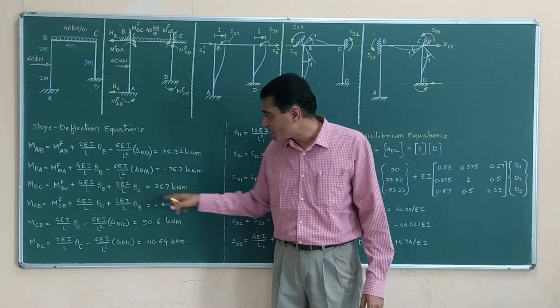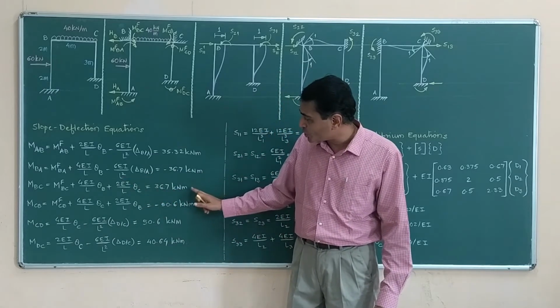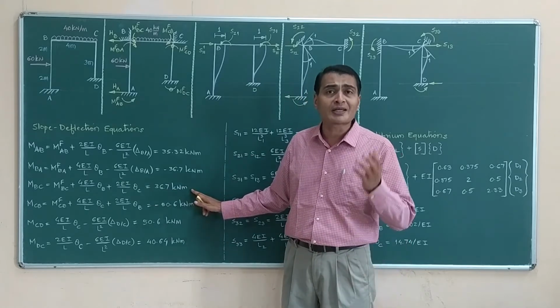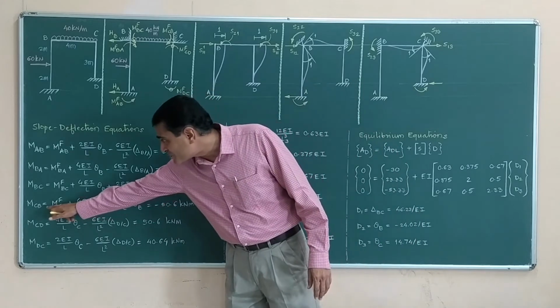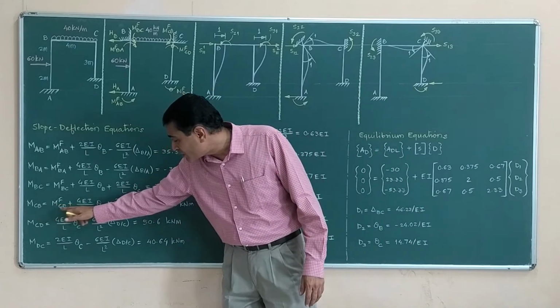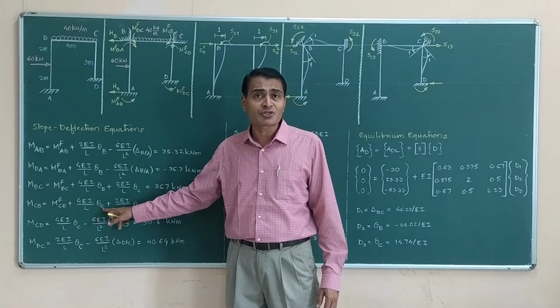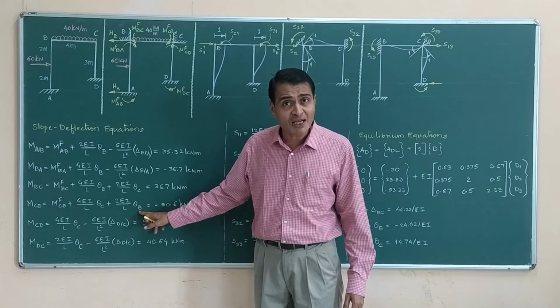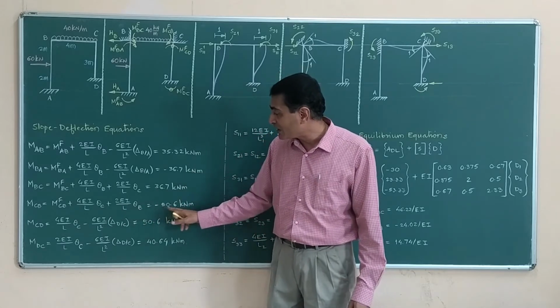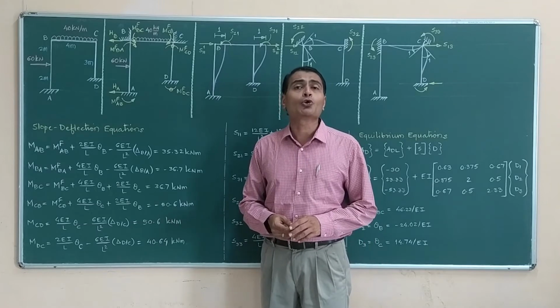So I substitute, I get 36.7 kilonewton meter. Here is a cross check. These two values are equal and opposite. Then I go ahead with M of CB. Again fixed end moment, near end rotation contribution, theta C I am substituting here. Far end rotation contribution, theta B I am substituting here. I am getting negative 50.6 kilonewton meter.